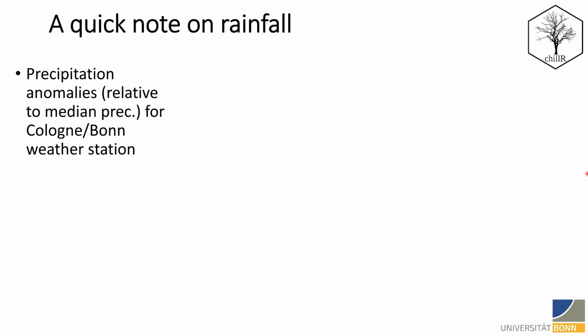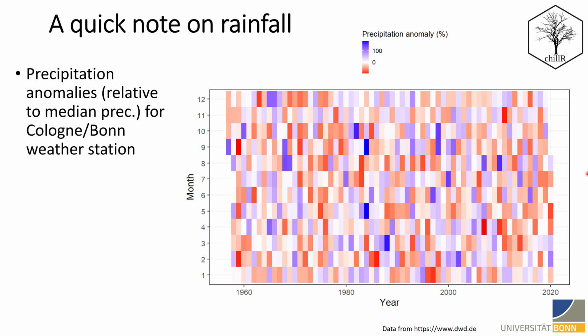So what I've analyzed here for you is some data for the Cologne-Bonn airport weather station. It's always nice to have an airport nearby, because they usually have weather stations that they have to report data from to some international authority. So you get nice data, and this is basically what we see here for Cologne-Bonn.